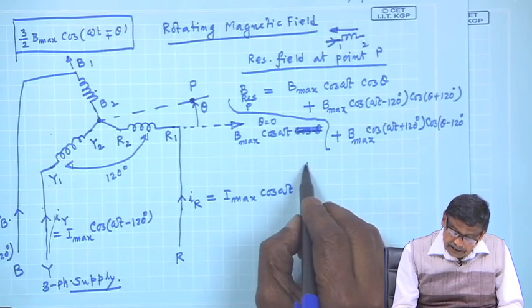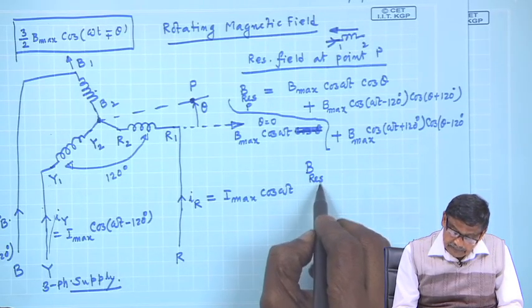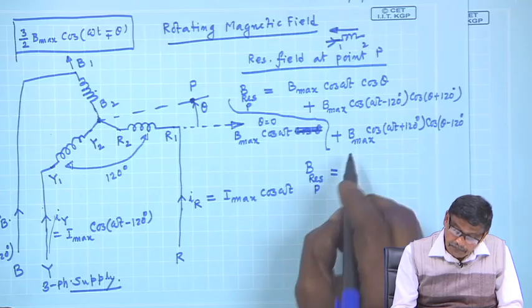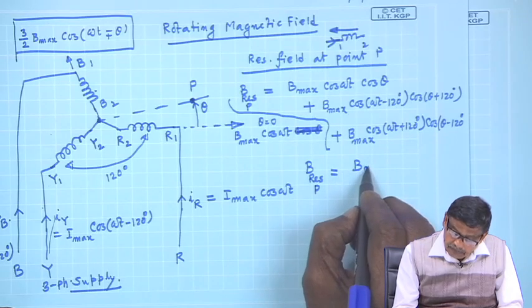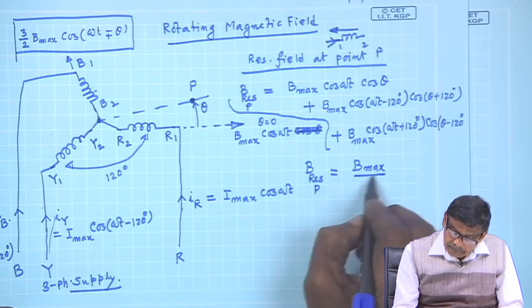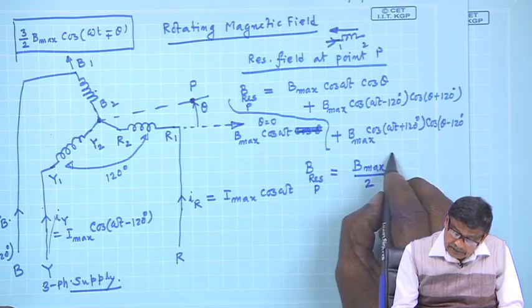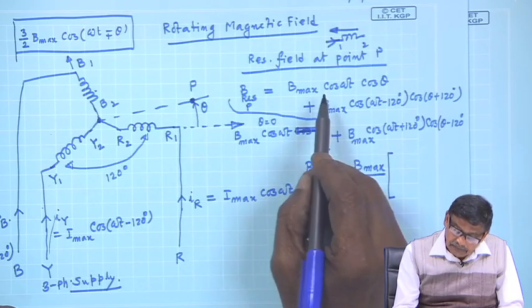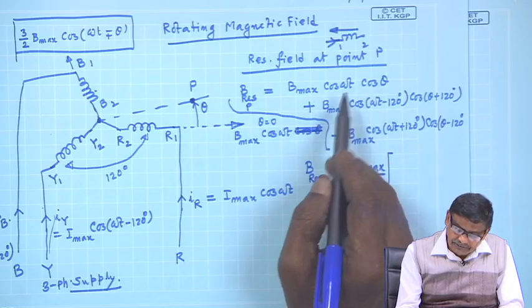So, B resultant at point P will be B max, you can take common 1 by 2, and then 2 cos A cos B. Last time we did similar things.